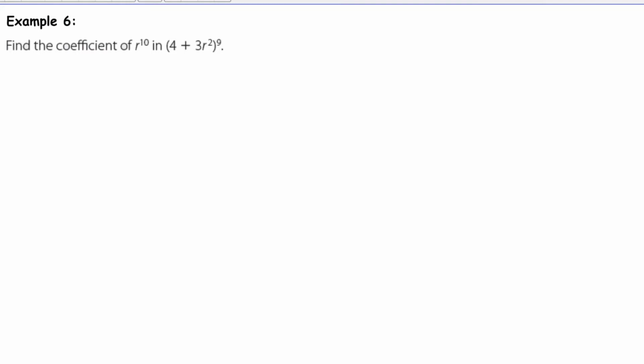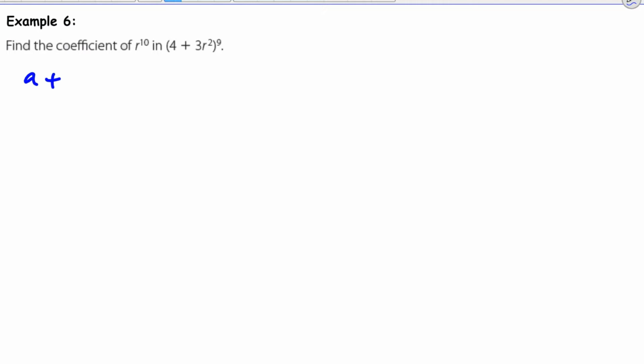In this example, we are required to find the coefficient of r to the power 10 in the expansion of (4 plus 3r squared) to the power 9. So the first step is to write down the binomial expansion formula, or the binomial theorem.